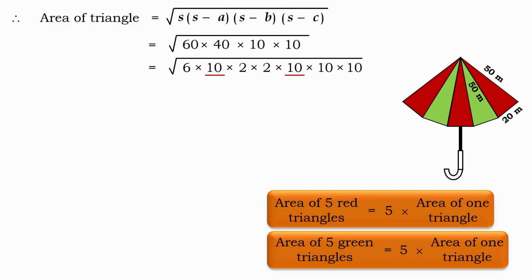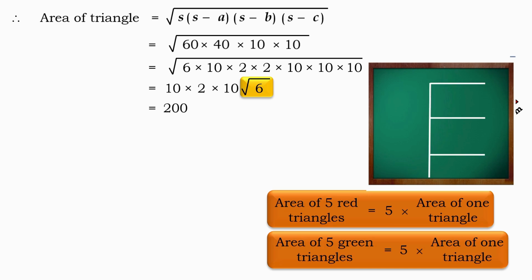Now we group 10 and 10 together, 2 and 2 together. Whenever we make a pair, it comes out from the square root. So 10, 2 and 10 come out of the square root. Only 6 remains inside, because we couldn't pair it. So that means 200 root 6.